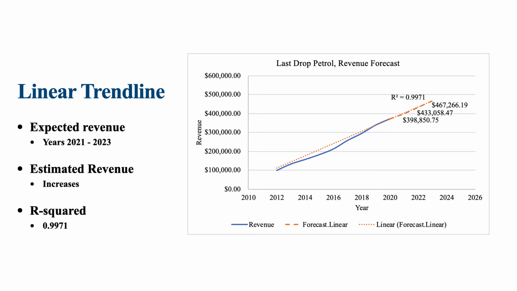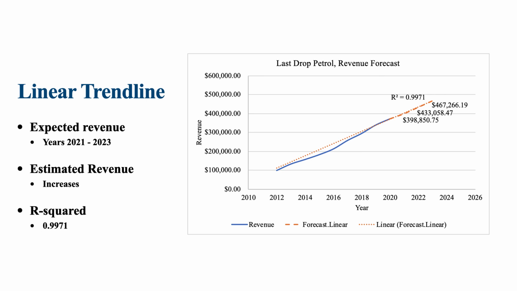On the other side of the spectrum, the coefficient of determination, or R-squared, is 0.9971, which is relatively close to 1, thus concluding that the linear trend line is a good fit of the estimated values to the actual data set when employing the FORECAST.LINEAR function through Excel.